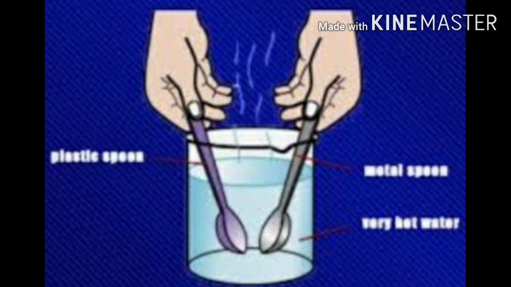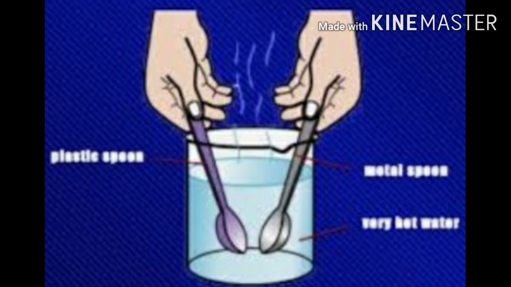Take a beaker and fill it half with hot water. Now take two spoons, one made of metal and the other made of plastic. Place the metal spoon and plastic spoon in the beaker containing hot water. After about 2 minutes, touch the top ends of both the spoons with your hand.